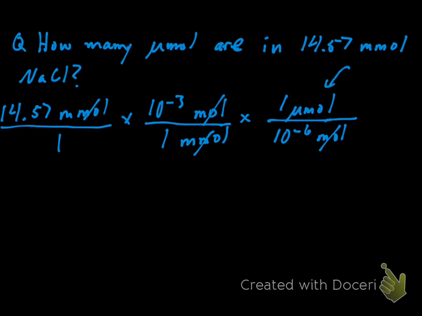All we have to do is take 14.57, multiply it by 10 to the minus 3rd, and then divide that by 10 to the minus 6th. And when we do that, we get 14,570 micromoles, right? And so this is a nice way of doing unit conversion. We do this trick, it's called dimensional analysis, to work through these kinds of problems.